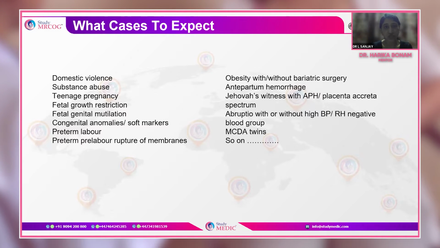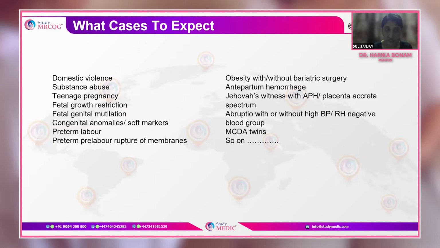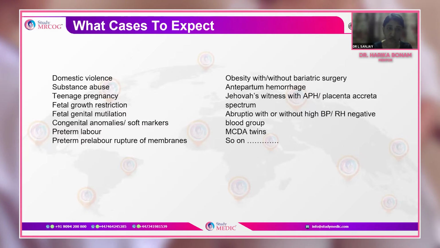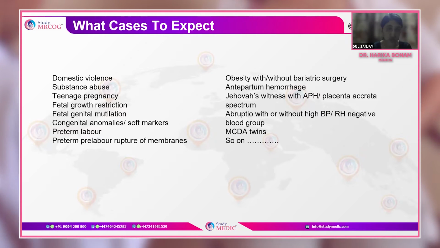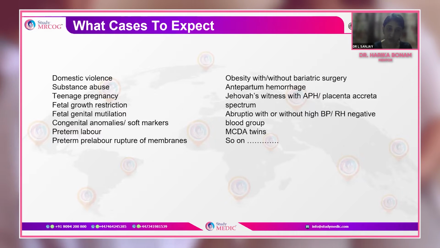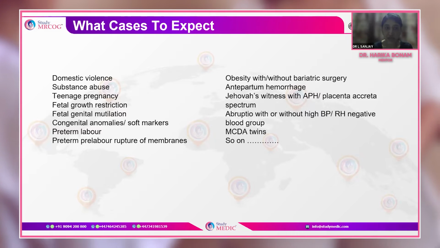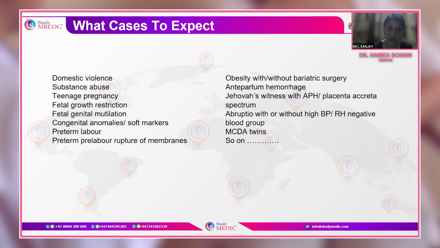Then the other cases which can be there are substance abuse, and teenage pregnancy. It could be severe restriction, it could be female genital mutilation, it could be congenital anomalies, or there could be a soft marker given in the report, and then we have to think about the soft marker or any kind of anomaly, and asking for termination of pregnancy or other implications.